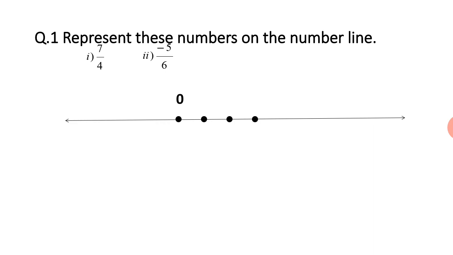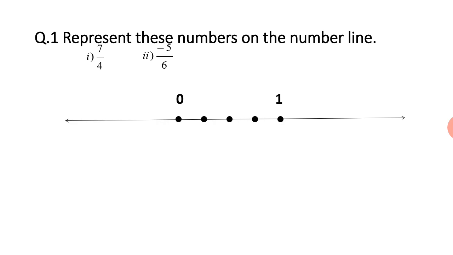Go on getting the unit distances. Unit distances because the numbers are always placed with same divisions and same distances. Now children, the denominator in the given case is 4.